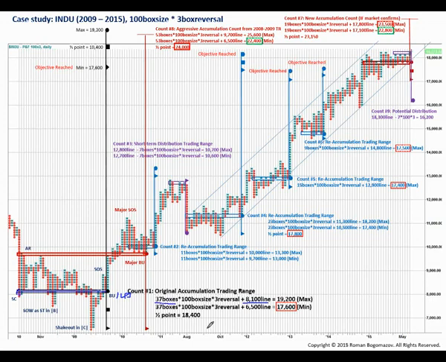So now we are set in our math here. We have 37 boxes times 100 points per box, 3-box reversal, so it's all multiplied, and we have the maximum objective on the 8100 line. So we're getting 19,200 as our maximum objective.